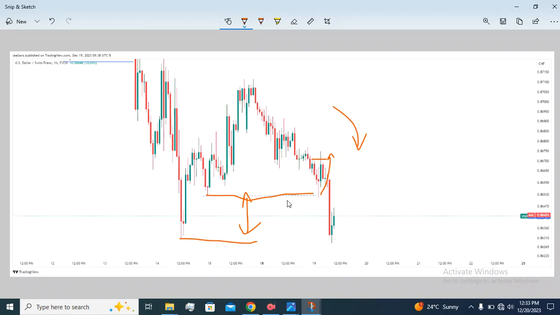So it doesn't matter whether you are riding the bearish or the bullish market. You can also make money if you know what you're doing. But if you don't know, it's advisable that you just stay away from the market.